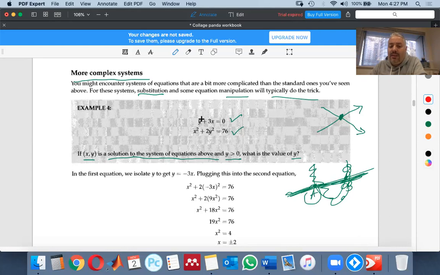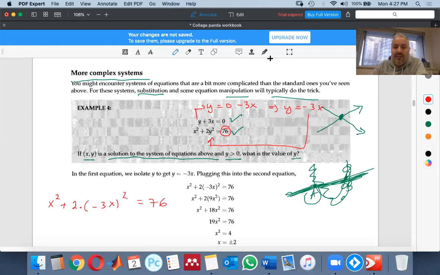So it must satisfy the first and second equation. It means that when I write y alone, y is equal to 0 minus 3x, so y is negative 3x. When I put this here, the result must be 76, since these x and y are a solution. So x squared plus 2 times (negative 3x) squared is 76. A negative number squared will be positive, so 9x squared.